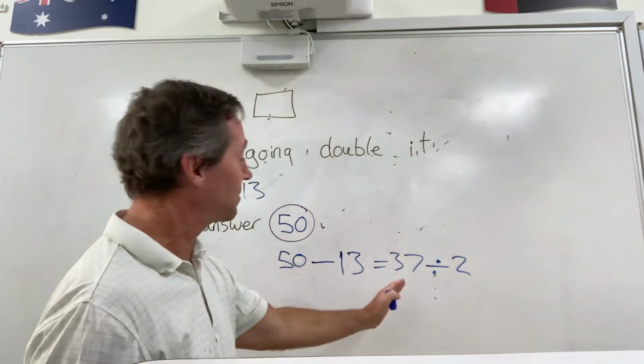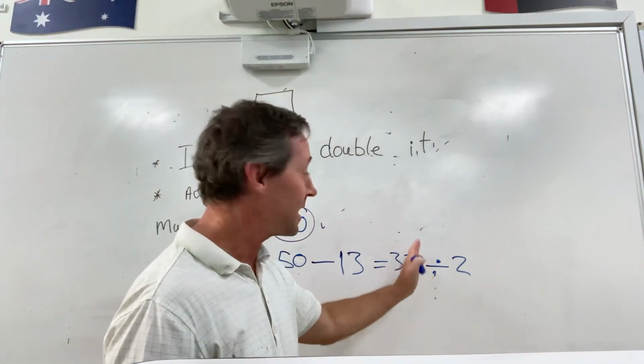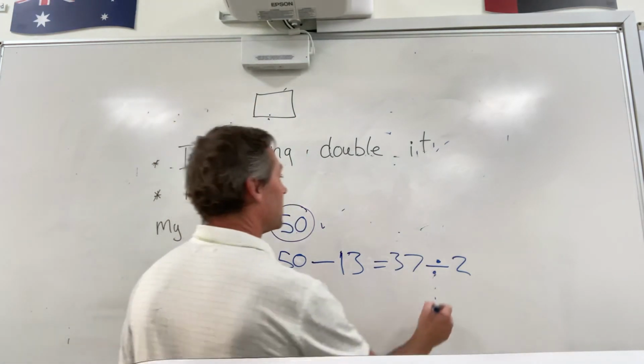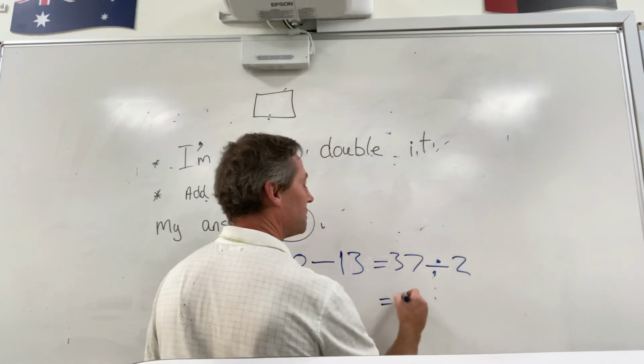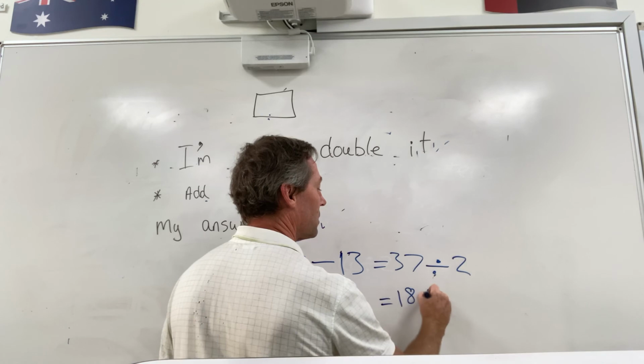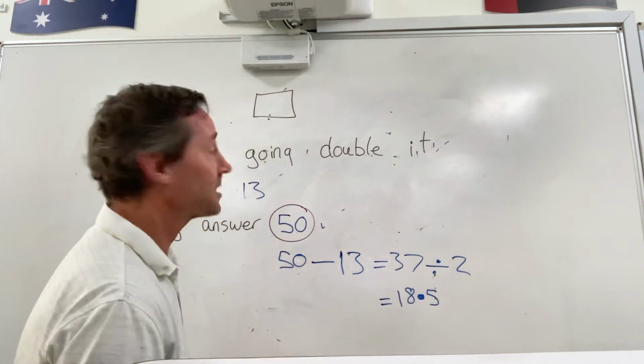I might split this one. Half of 30 is 15, then half of 7 is 3.5. So if I put them together, it should give me 18.5, or 18 and a half. So let's double check.